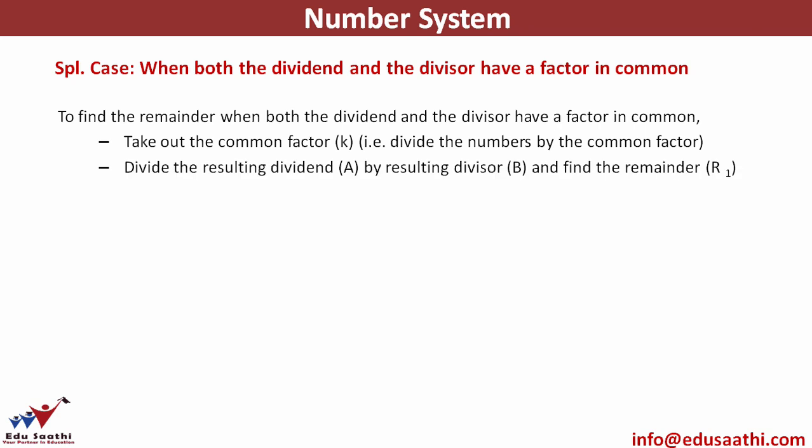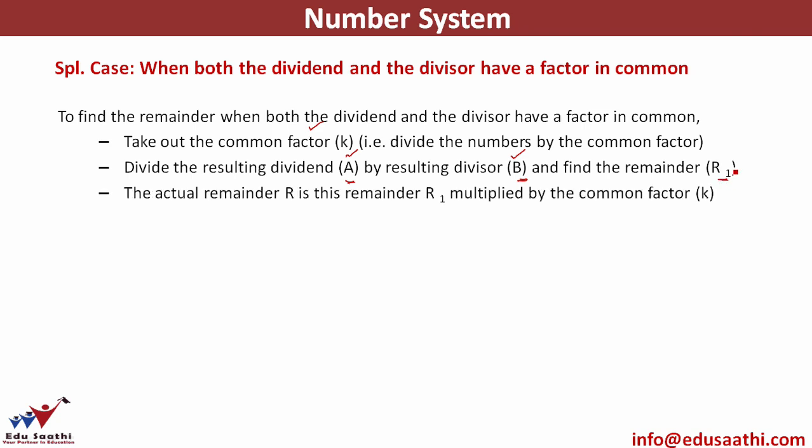The common factor cannot be cancelled. I will take it out. So whatever is the resulting dividend and the resulting divisor, I will divide the resulting dividend with the resulting divisor to find out the remainder.